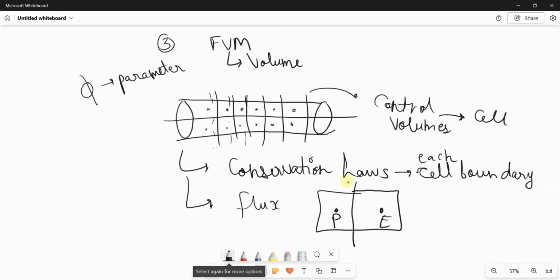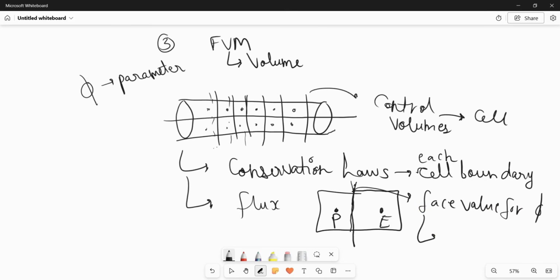Now I want to find the parameter, the flux across here, right? So what FVM does is, instead of finding at individual points, it finds along this face. So it finds the face value for phi. How you would find the value of phi will be touched upon later. So you divide a region into smaller cells or control volumes where you enforce conservation laws.